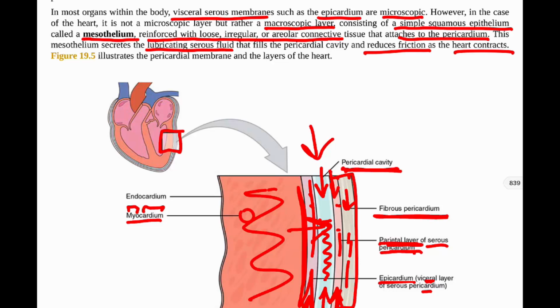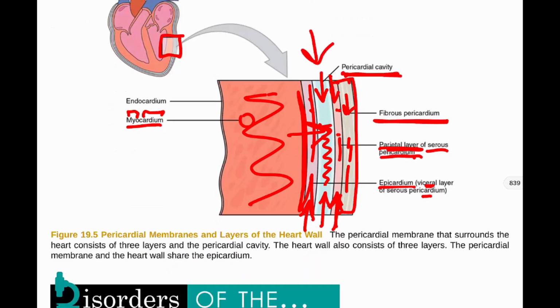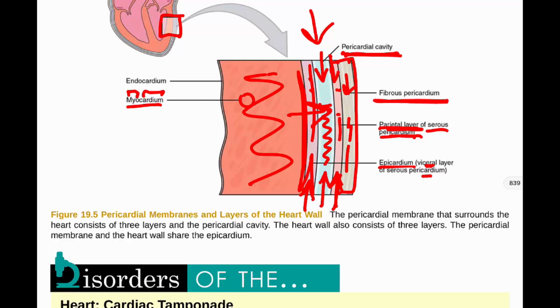It has the fluid in there, and the fluid is made by the mesothelium. So the epicardium consists of the mesothelium, which secretes this fluid that goes into the pericardial cavity and allows the heart to not become damaged over time because of all of the use that it gets.